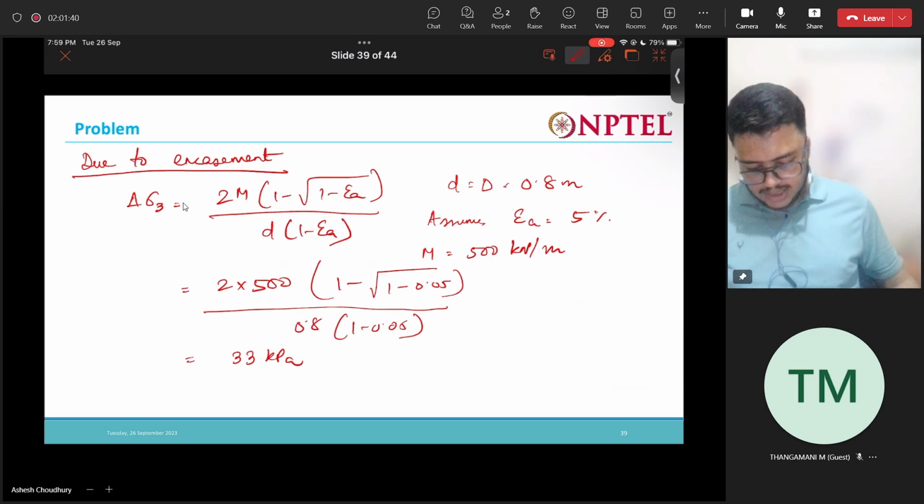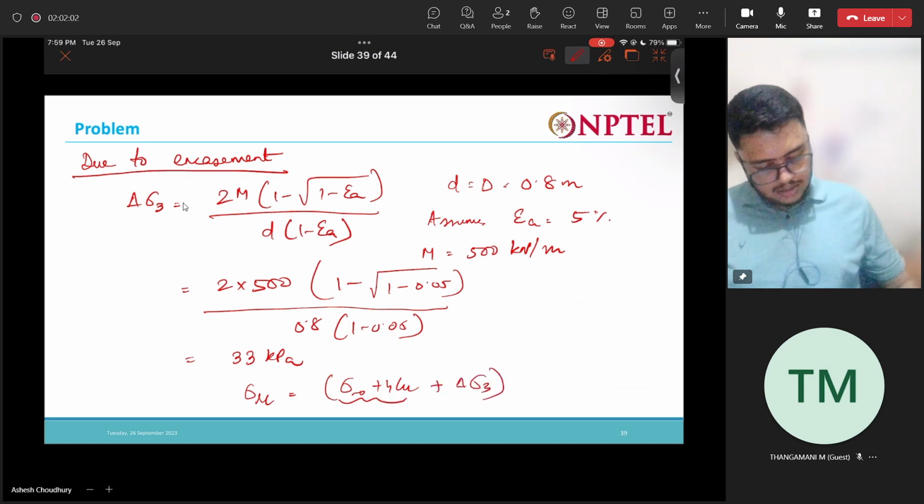Okay, 33 kPa approx. And this sigma 3 will be added to this sigma RL. So this sigma RL will now become sigma R naught plus this sigma 3.